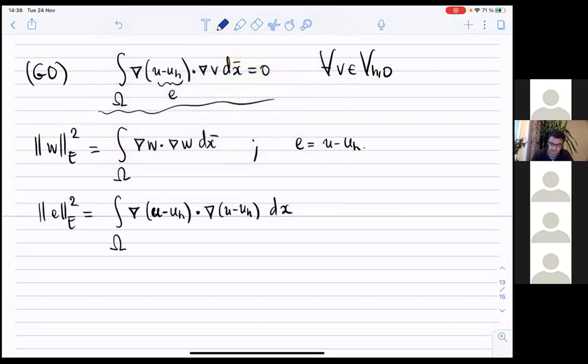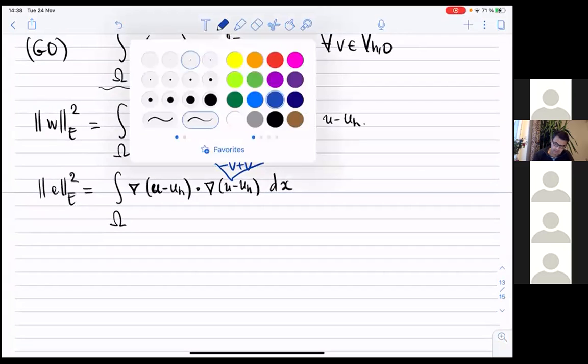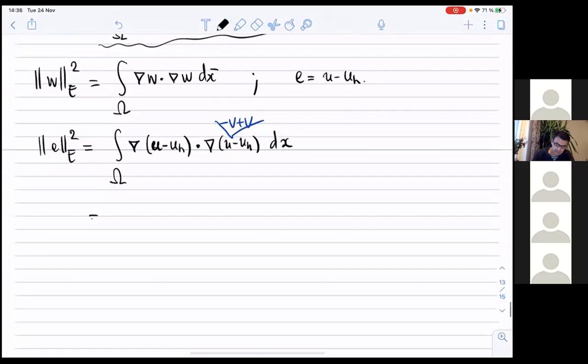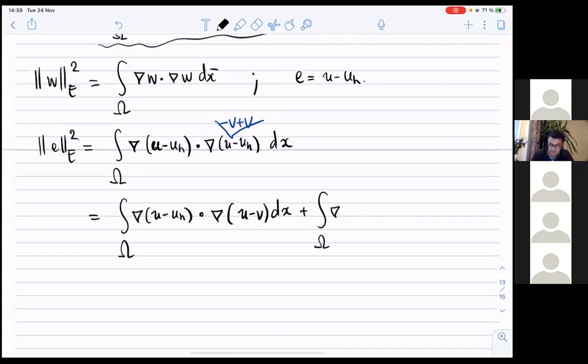And as a trick that we did before, we subtract and add a test function here. And we have the integral of gradient of u minus uh times gradient of u minus v dx. So I split the integrals, plus the integral of gradient of u minus uh times gradient of v minus uh dx.